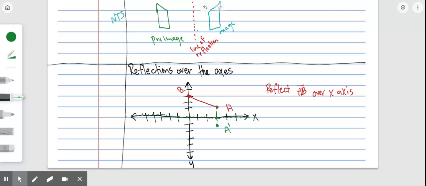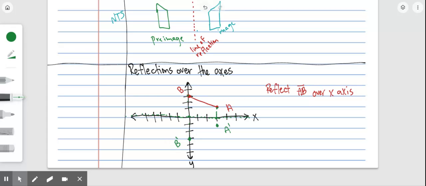Notice the distance is equivalent. It doesn't look equivalent because my scale is off on the bottom from what it is on the top. I apologize, but it's the idea. Also, B up here is 1, 2, 3 away from the x-axis, my line of reflection. So I need to put it 3 away on the bottom. 1, 2, 3. So here's B prime.